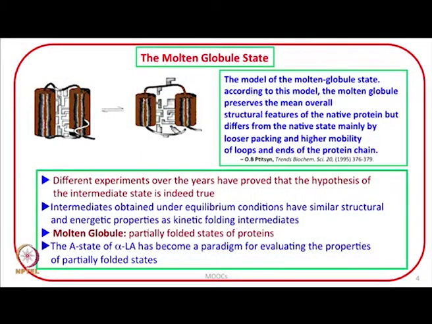The A state of alpha lactalbumin, LA, I am using abbreviation of alpha lactalbumin, has become a paradigm for evaluating the properties of partially folded states. I will take several examples by using the protein alpha lactalbumin. Alpha lactalbumin is a milk protein. It has calcium in it.